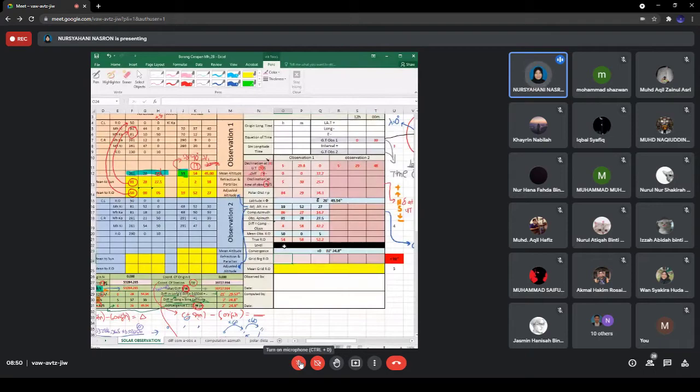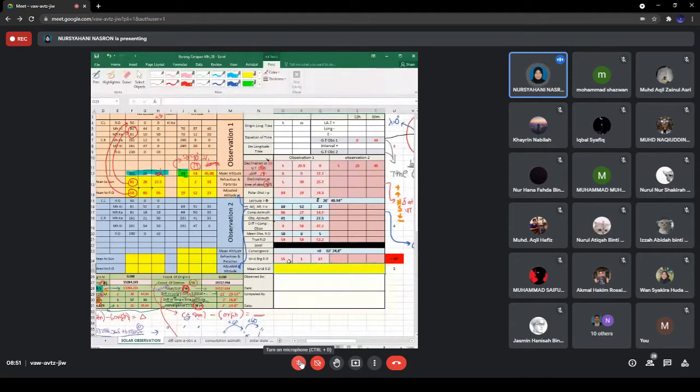Okay, so 54, 58, 52.2 plus with 0 degree, 2 minutes, 24.8 seconds. So you get, okay, this is grid bearing RO.